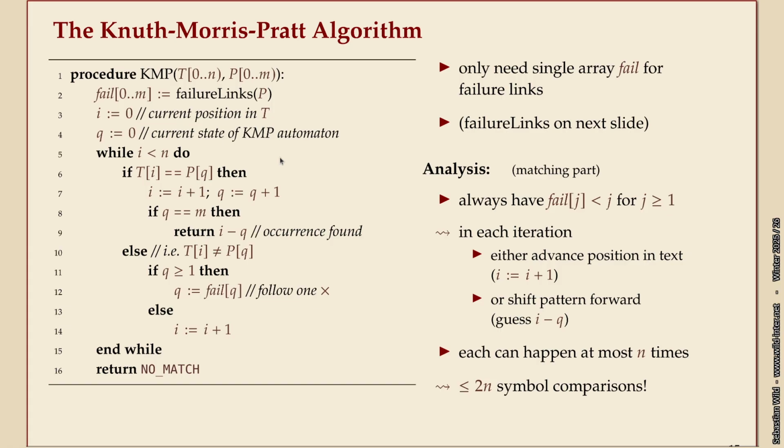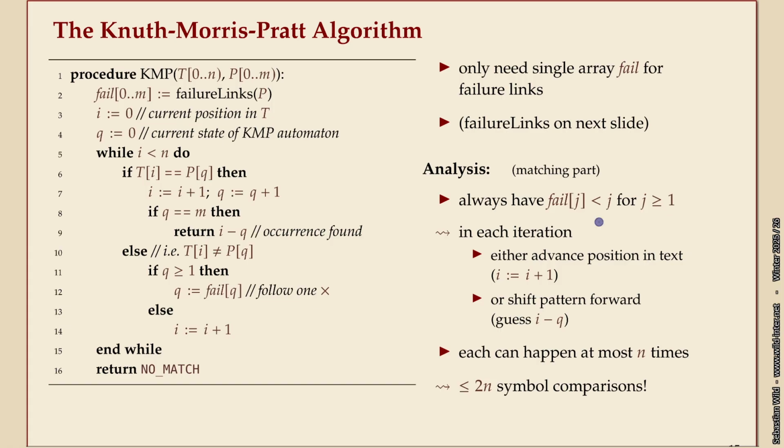But you can only get to the right one step at a time, consuming one character in the text each. The failure links might jump further left, but the worst case is that they jump one position back each time. But you can't go more to the right than you went to the left. There's no teleporting. So the total number of jumps, the total number of failure links you follow, is at most the number of positions in the text.